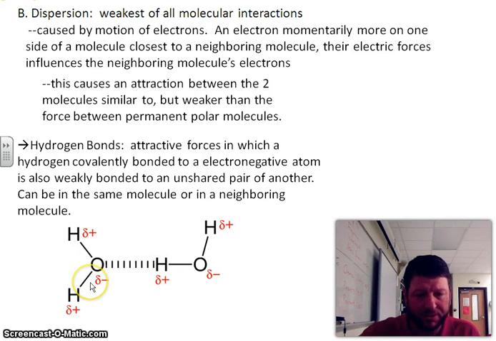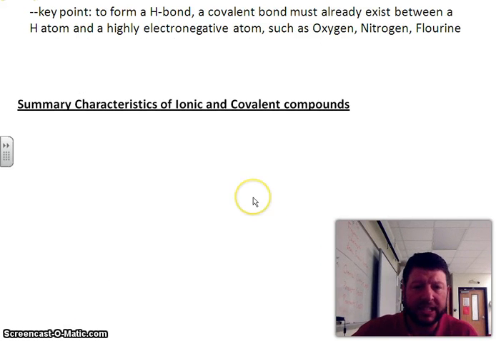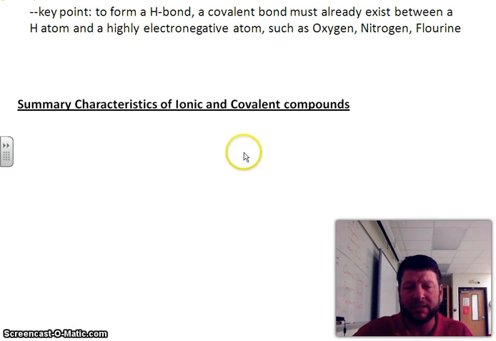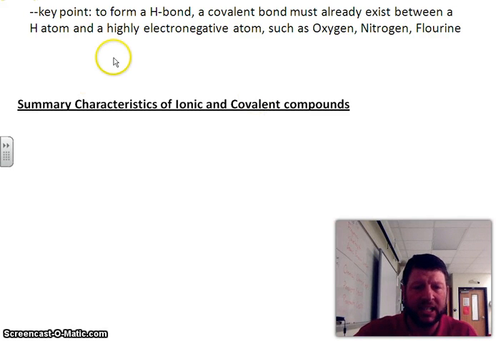And this bond here is the reason we have water. It is a weaker bond, but it is still a strong enough bond to hold water together. The key point to remember is, if you are going to form a hydrogen bond, or H bond as I've got here, a covalent bond must already exist between a H atom and a highly electronegative atom, such as oxygen, nitrogen, or fluorine.